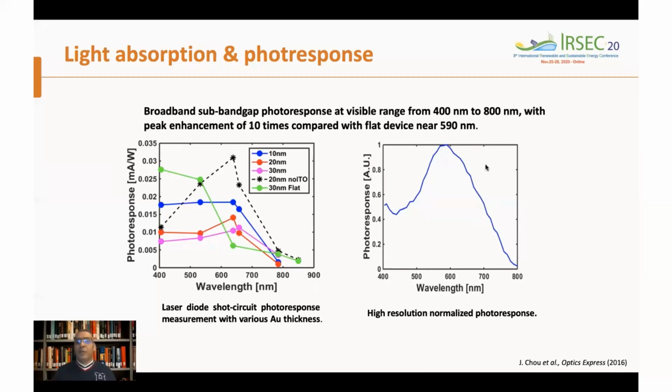We put here the normalized photoresponse based on the thickness of the samples. The maximum photoresponse lies in the visible region, between 450 and 780, with the maximum at around 600 nanometers, sitting exactly in the visible region of the solar spectrum.